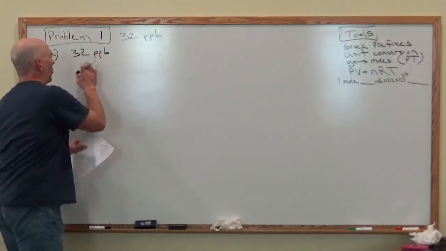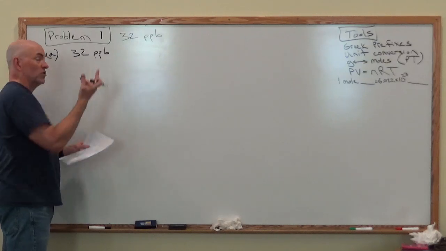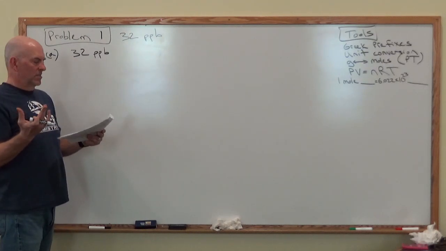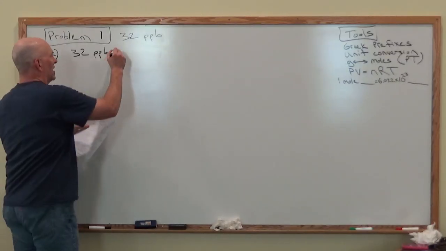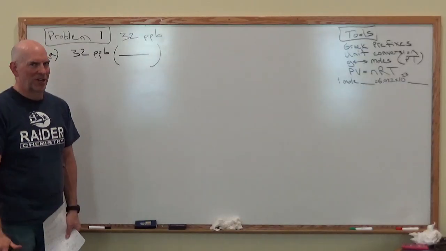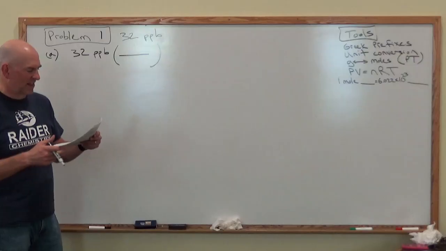Okay, so parts per billion is picked for a specific purpose because that number 32 makes sense. So I think the easiest way to think about this is what's the difference between a billion and a million? Well, 1,000 or 10 to the third.